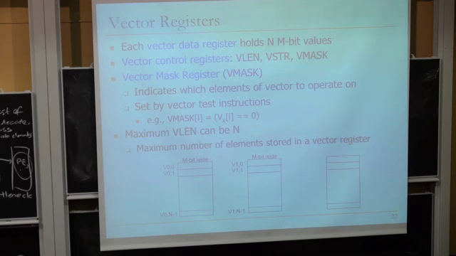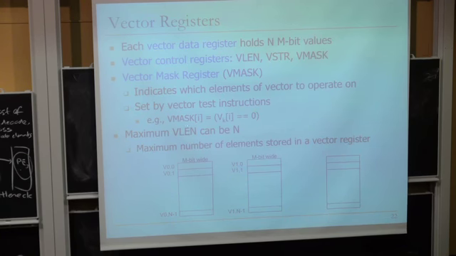And this is essentially branching in a vector machine, right? Let's say we don't want to have any branching. Well, this is essentially predication in a vector machine, right? Basically, it's set by vector test instructions. Let's say in this case, this is a vector test instruction that tests each element in a vector register and tests if the element is equal to 0.